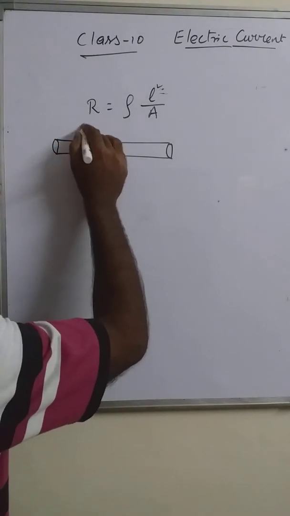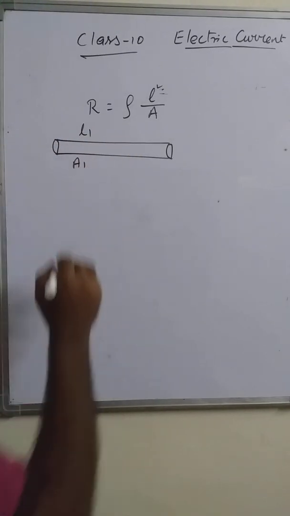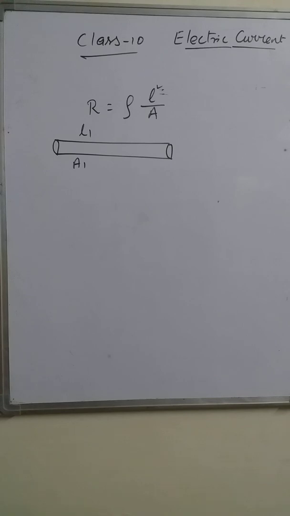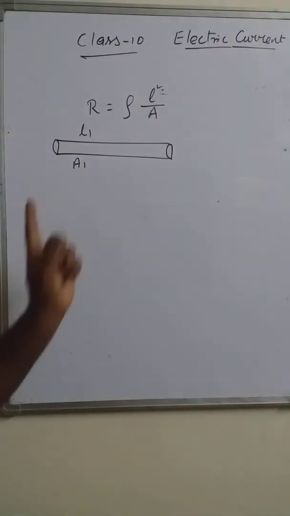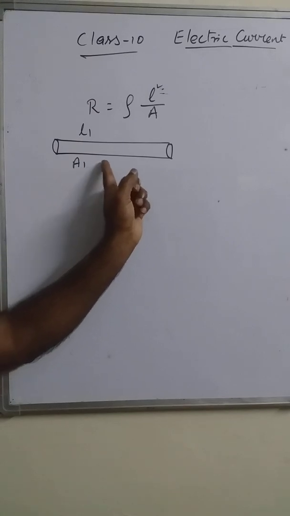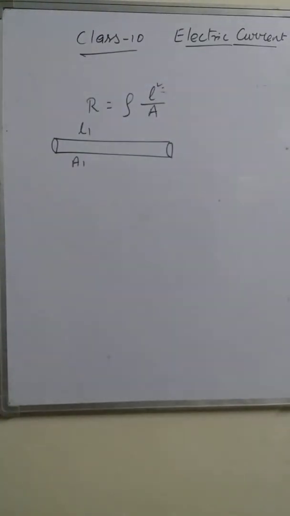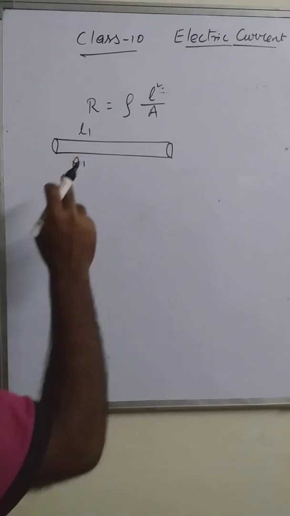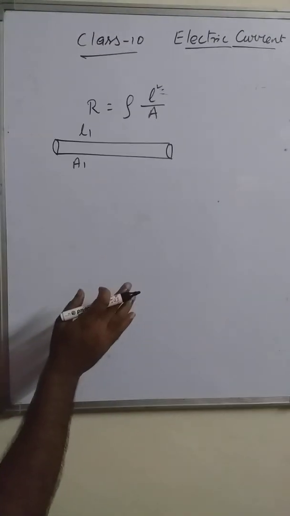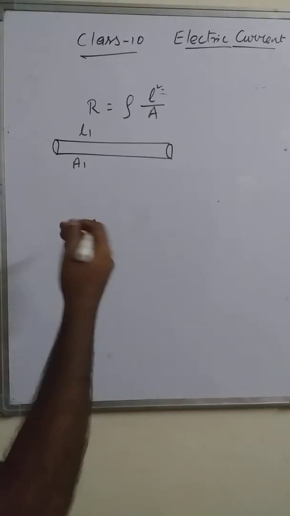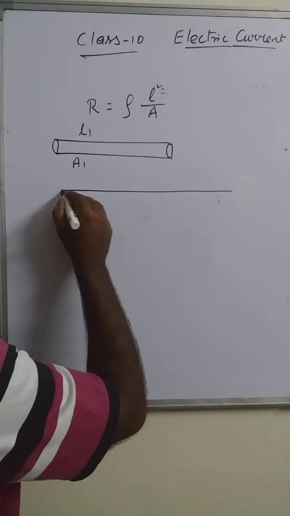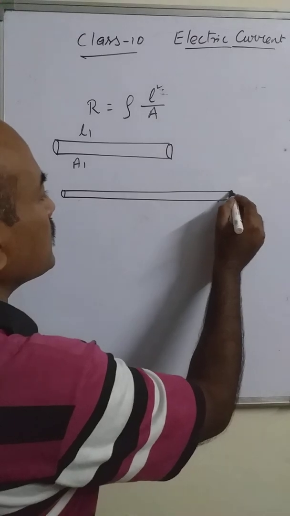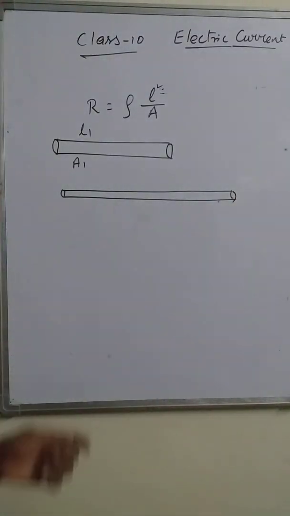If this wire has length L1 and area of cross section A1, and this wire is stretched, while it is stretched, its length increases. At the same time, area of cross section decreases. Its length increased, but area of cross section decreases, meaning the diameter decreases. It becomes thinner.